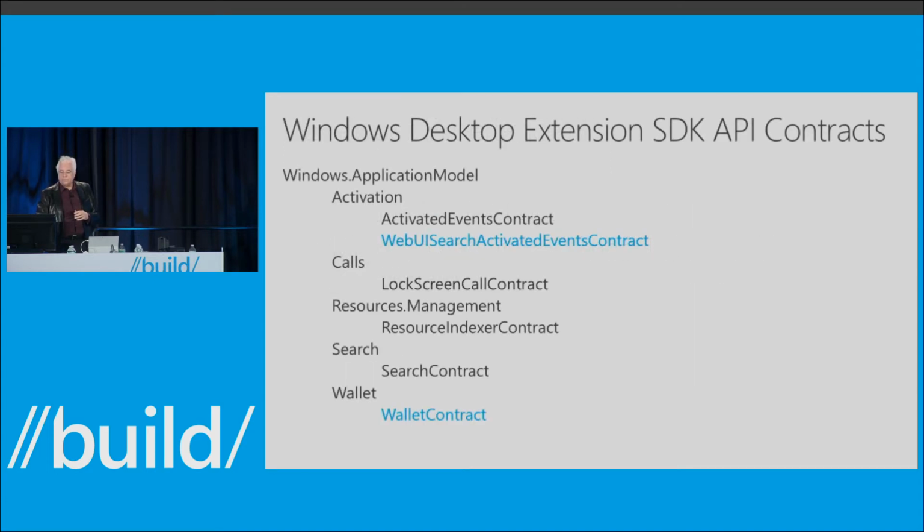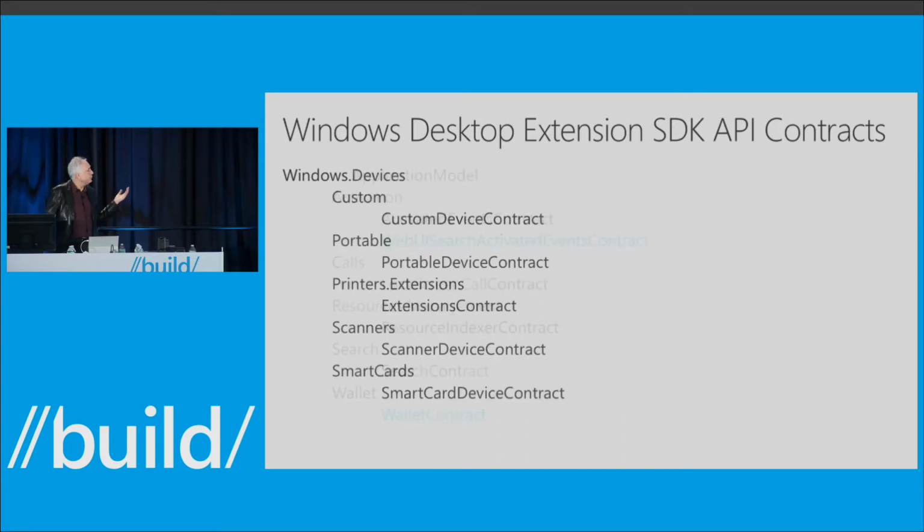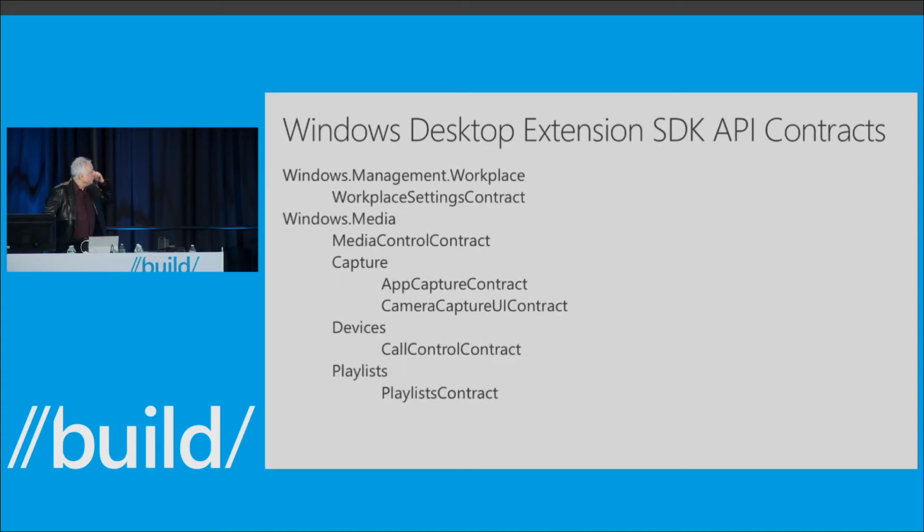So right now we have 3 or 4. We have the desktop extension SDK. And I have 2 or 3 slides here that show you the idea of the API contracts that are in this SDK. Now, the ones in blue are actually in other extension SDKs as well. So the blue ones are not universal, but they're part of different platforms, mobile and desktop, just to show you that there are such things. But you can see printer extensions, scanners, smart cards, media capture, playlists.